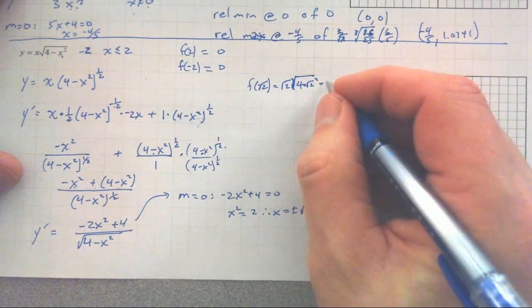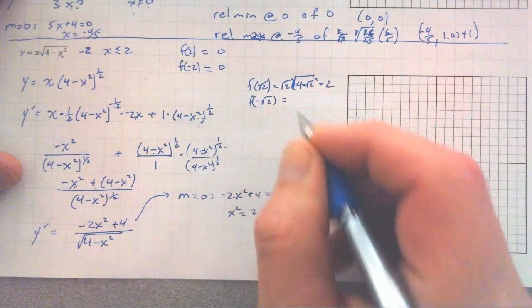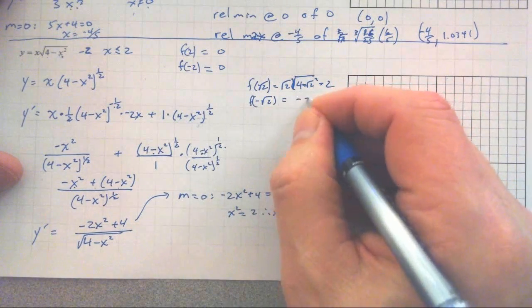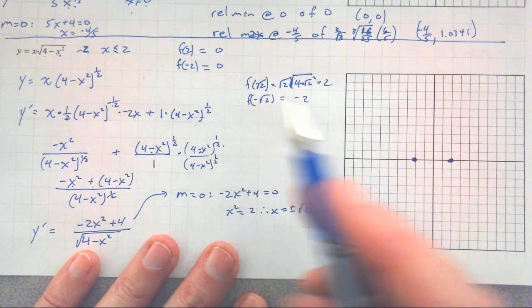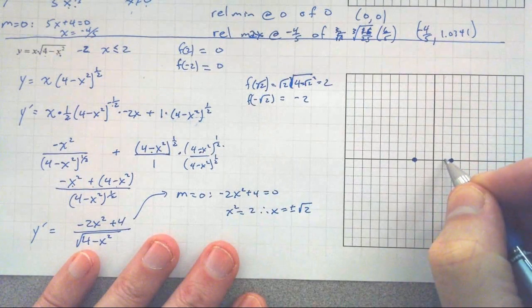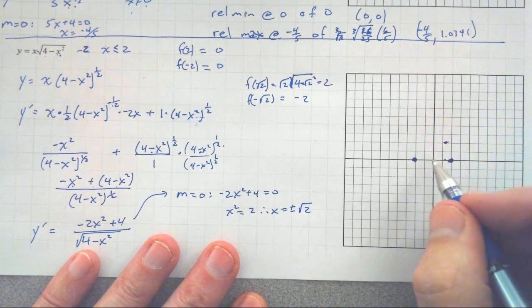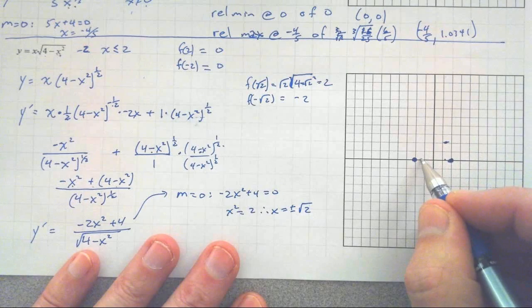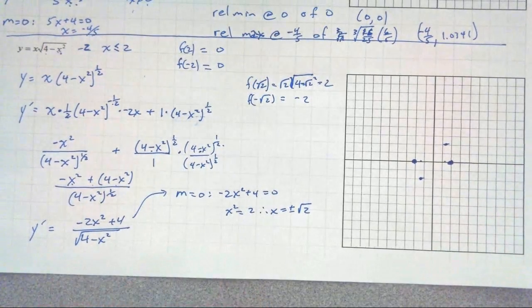That's square root of 2 times square root of 2, that's 2. f of negative root 2 is going to be negative 2. You can check that out. So at root 2, 1.4, I am up at 2, and it levels off there. And at negative root 2, negative 1.4-ish, I'm down, and it levels off there.